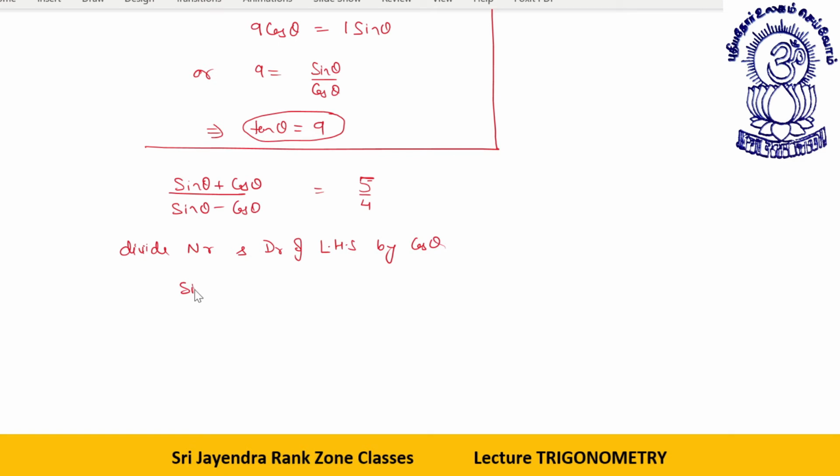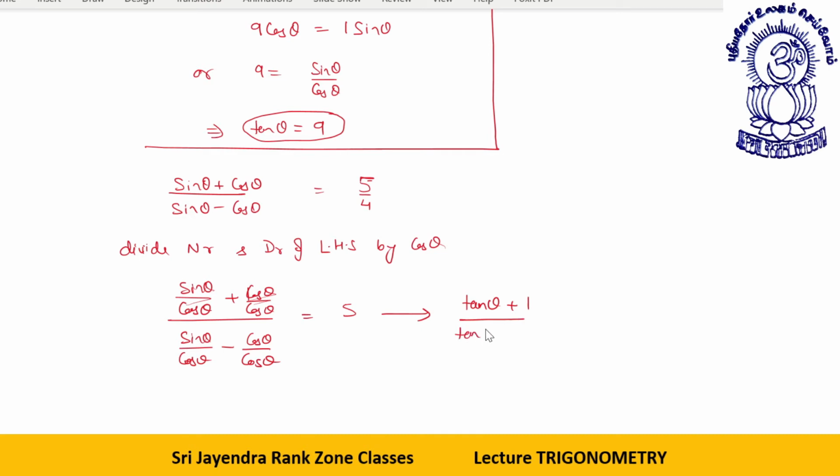It will automatically become sin theta by cos theta plus cos theta by cos theta, upon sin theta by cos theta minus cos theta by cos theta, equal to 5 by 4. This step will become tan theta plus 1 upon tan theta minus 1 is equal to 5 by 4.